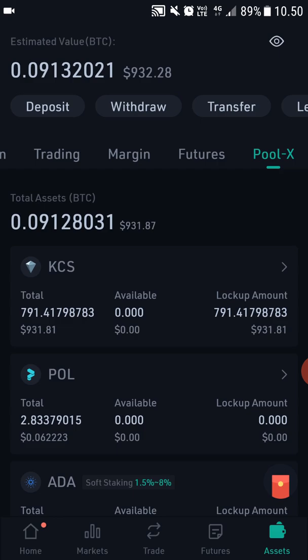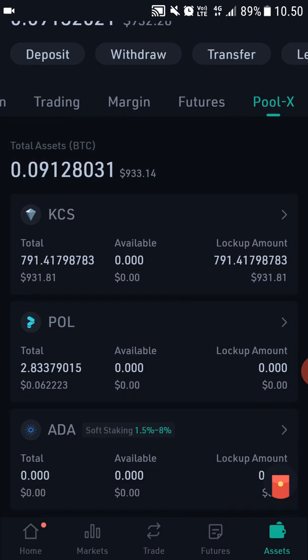On the first day I got 6 cents. I believe it was staked about 4 hours before the reset, so this is not the full day. I'm going to stake KuCoin shares for 14 days, and I'm going to show you how much I got.